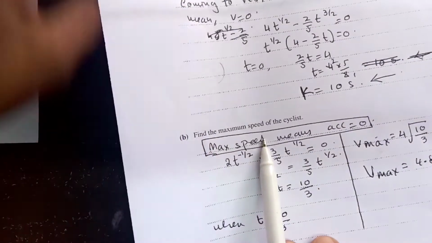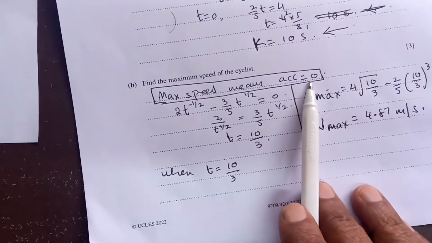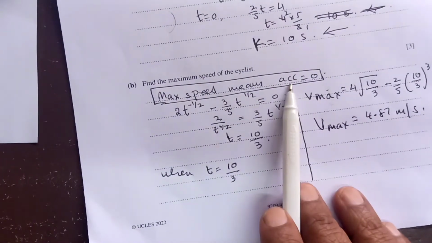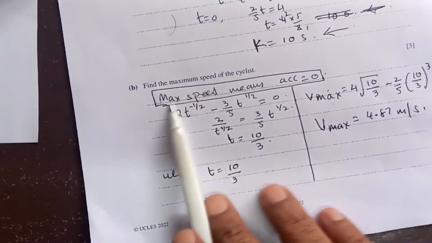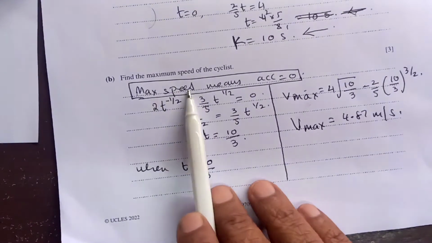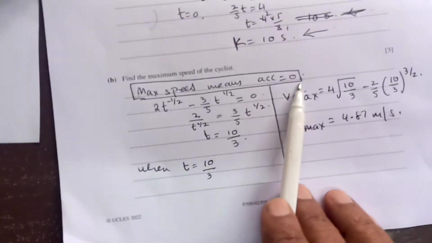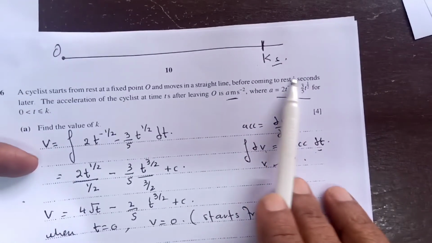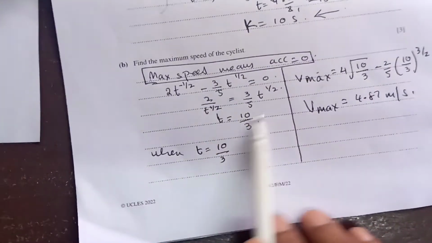Find the maximum speed of the cyclist. Maximum speed means acceleration 0. This you should know. This is the main point here. If you don't know that maximum speed means acceleration 0, it is useless. Therefore acceleration is 0. So you take the relationship here, you put it equal to 0. Then you solve for t.